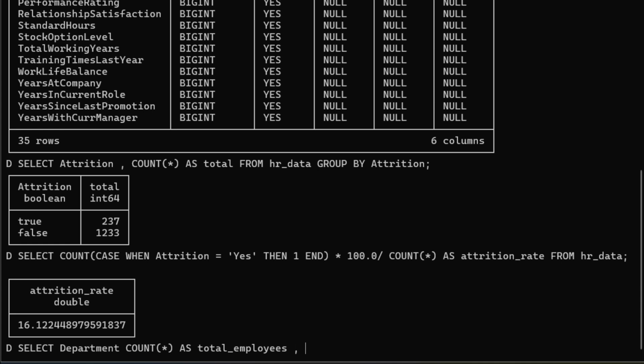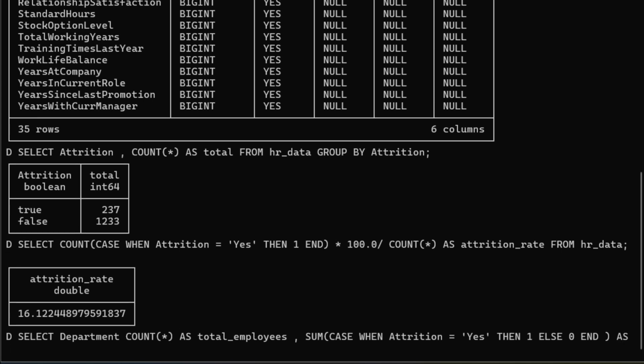Then we use a CASE: when attrition equals yes, then 1, else 0, and end. Here we give a condition: if attrition is yes, then we say 1, or else it gives us 0, and we name it attrition count.